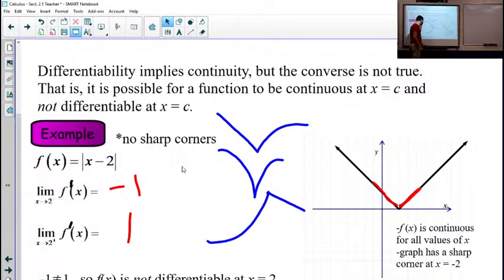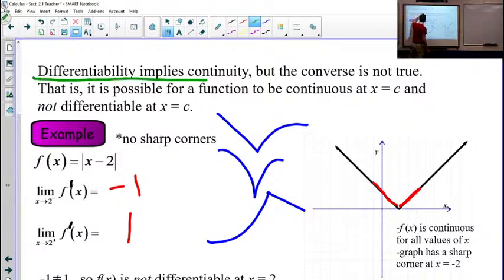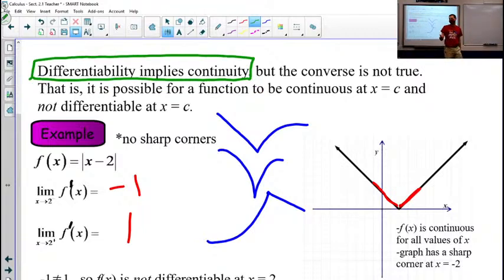And one other thing here to note, differentiability implies continuity. This is going to be important. Remember when we had intermediate value theorem? And the first thing we had to make sure is that the function was continuous. So this is another way we can know if a function is continuous, is if it tells us that the function is differentiable.